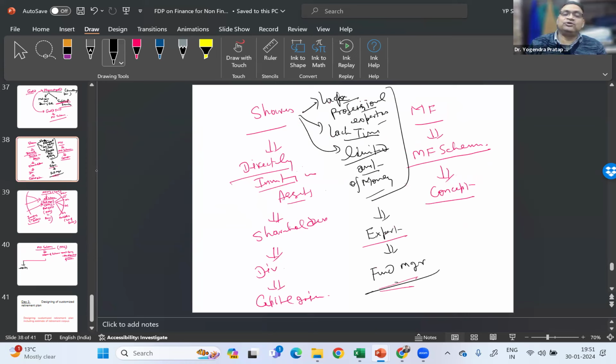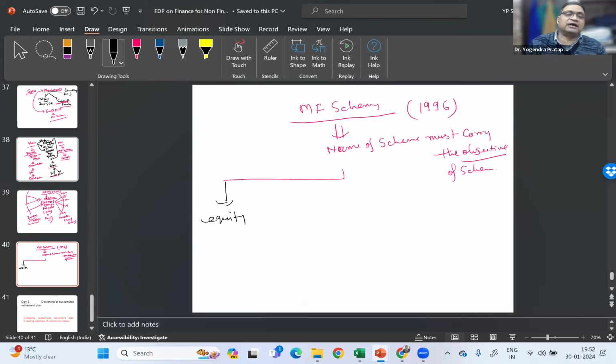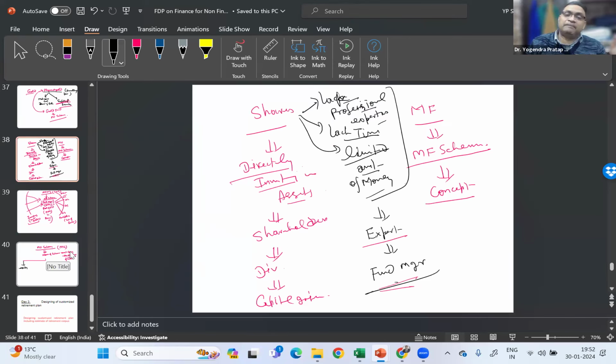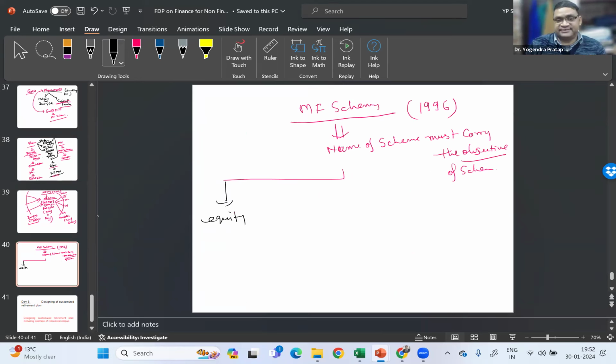Because as I told you, shares are not a cup of tea unless you have professional expertise, sufficient time, and a sufficient amount of money. Therefore, mutual fund is one of the safest, but you should know what mutual fund schemes are innovative and which you should explore rather than the conventional mutual fund schemes.